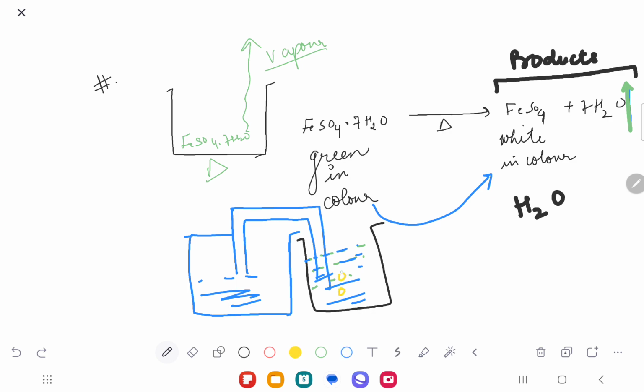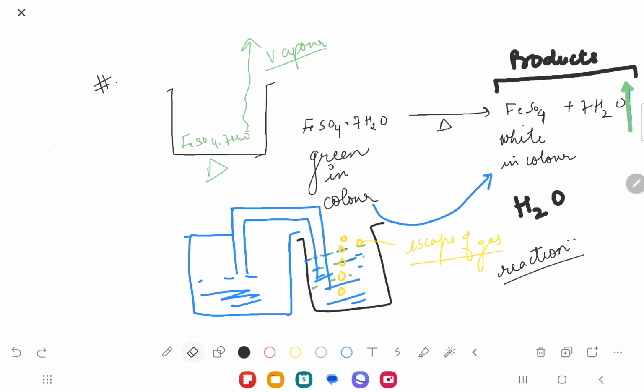Because of that, bubbles shall be formed. The bubbling represents that there is some escape of gas, because obviously when a gas is produced in a liquid, bubbles are formed. I hope you're understanding. So escape of a gas indicates that some reaction is taking place.